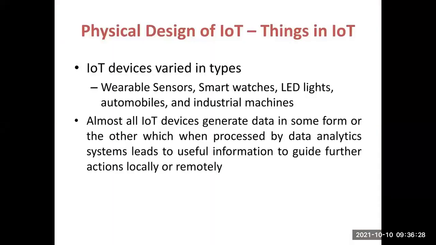The physical design of IoT things, that is, things in IoT devices, varies in types: wearable sensors, smart watches, LED lights, automobiles, and industry machines. Almost all the devices generate data in some form or the other. When processed by data analysis systems, it leads to useful information to guide further action locally or remotely.